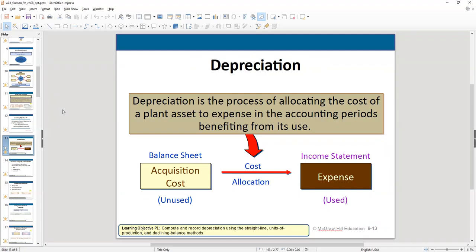So you have to spread it out over 5 years, and that's where depreciation comes into play. Depreciation is an expense. It's a non-cash expense, as a matter of fact. So when you buy that piece of equipment, we write it off each year a little bit at a time until it goes down to zero or its salvage value, and that's going to be listed on the income statement as an expense.